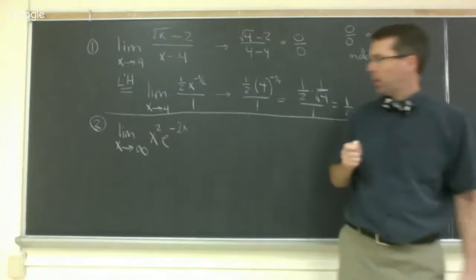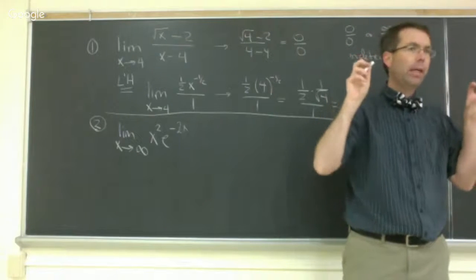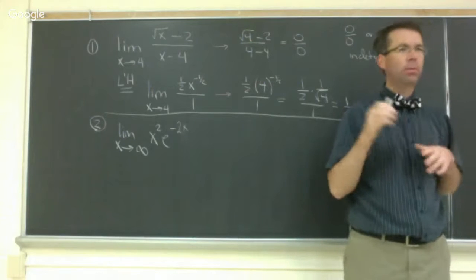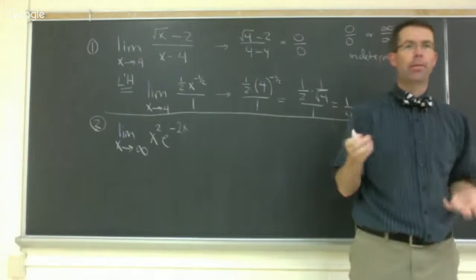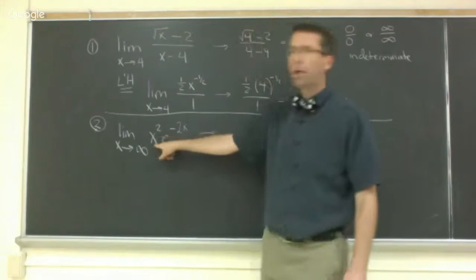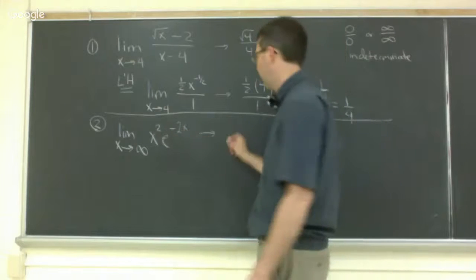Okay, and so again, we're going to do effectively plug it in, but infinity is not really a number, so we're not really plugging it in, but effectively, we might as well say we are. What happens when you square infinity? It's still infinity.